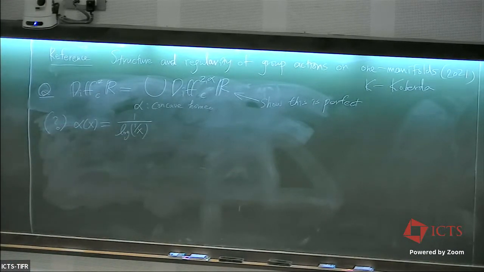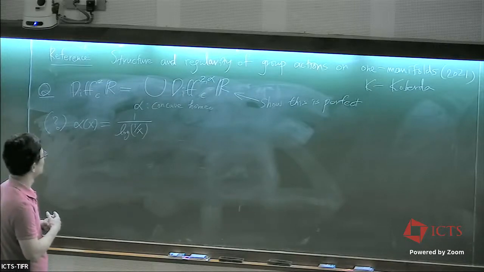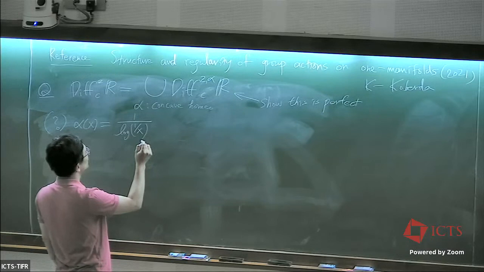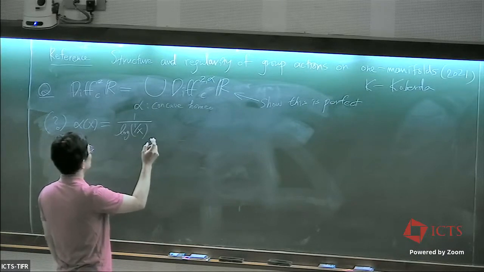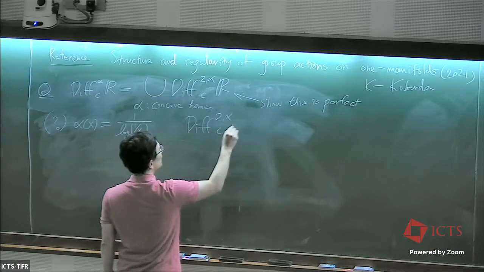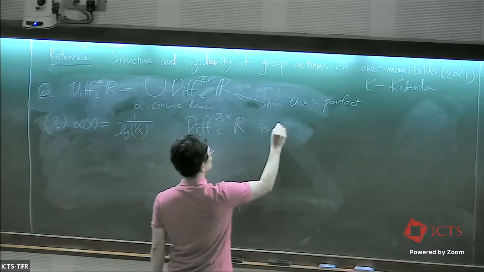So this is something that converges to 0, but very, very slowly as x goes to 0. So in this case, we do not know whether the 2 comma alpha C^r is perfect.